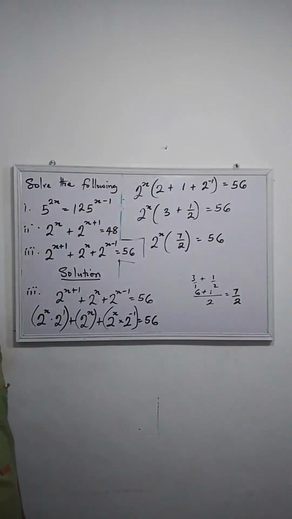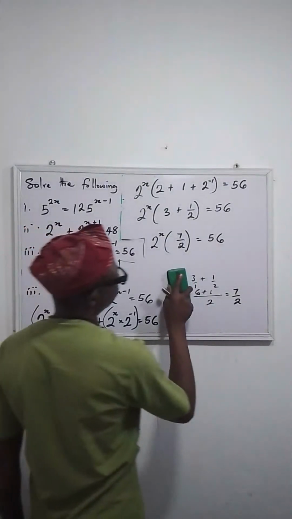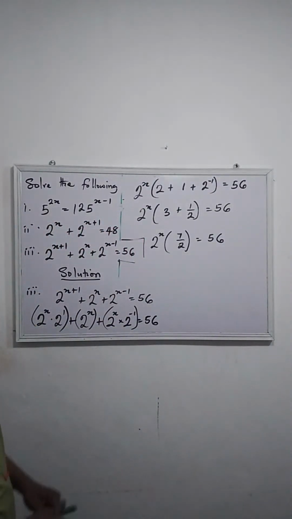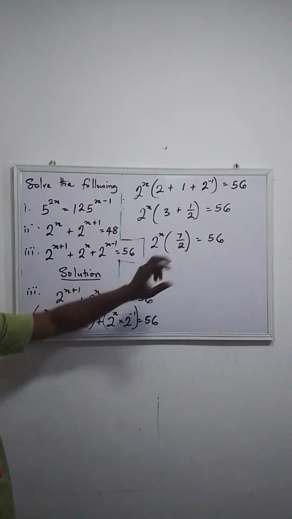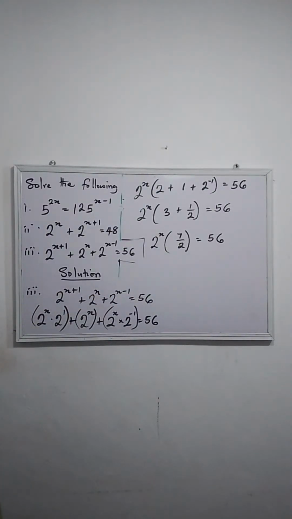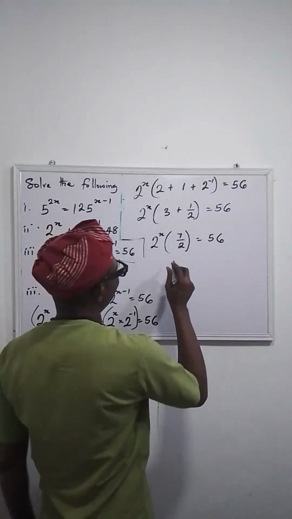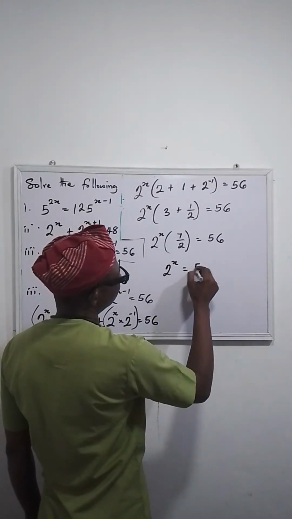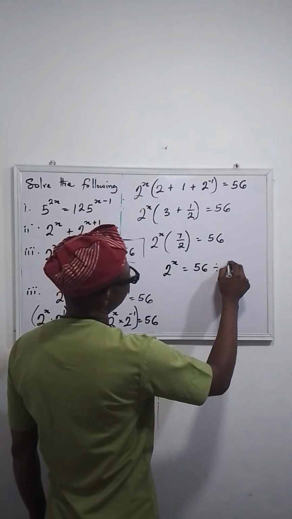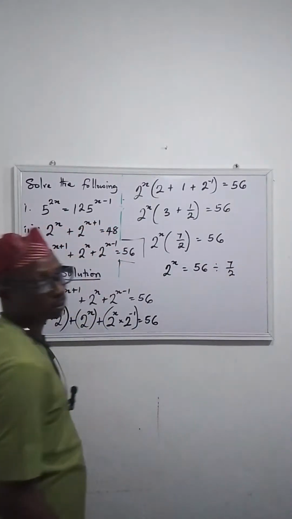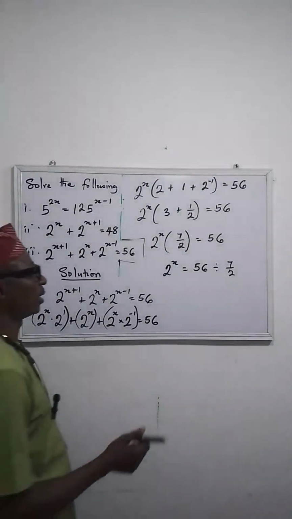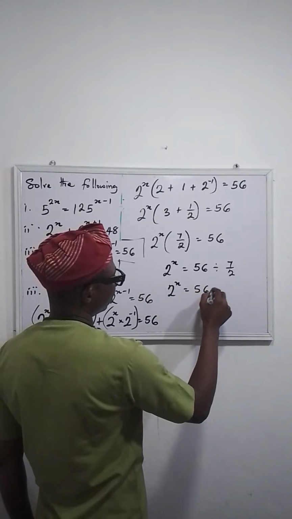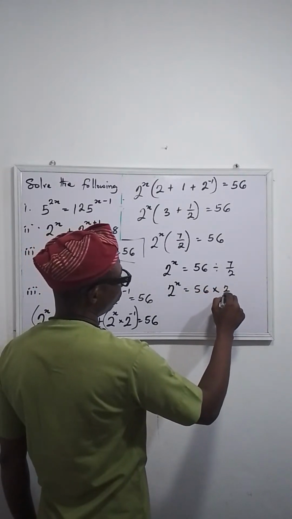All right, so that's what we have. So now what do we do? We divide both sides by the coefficient of 2 raised to the power of x. So we have 2 raised to the power of x equals 56 divided by 7 over 2. And that is going to give you 2 raised to the power of x equals 56 times 2 over 7.